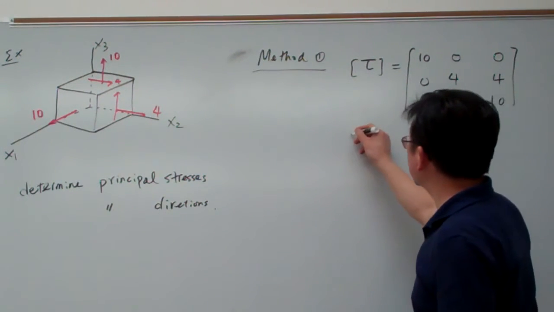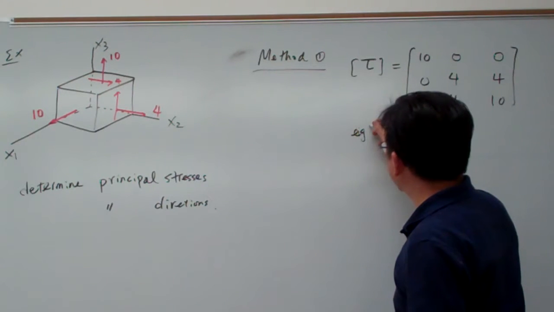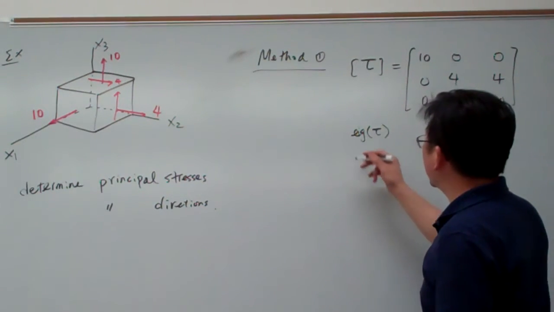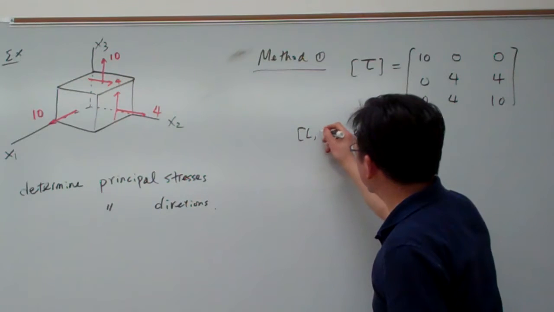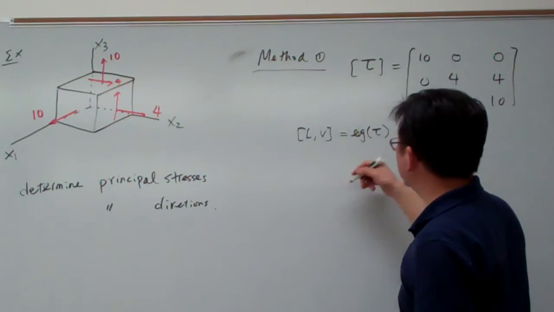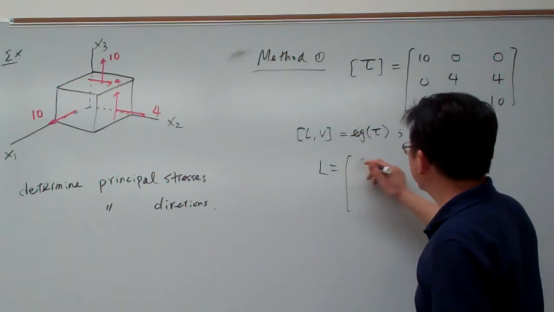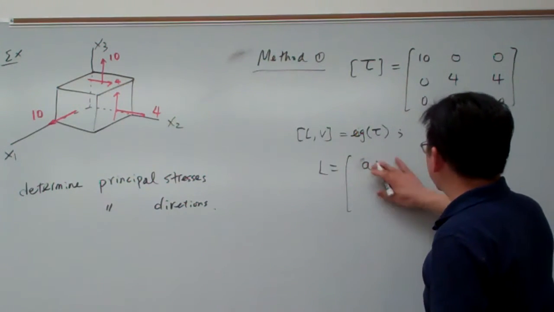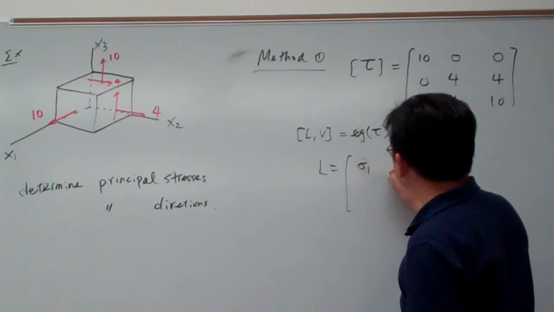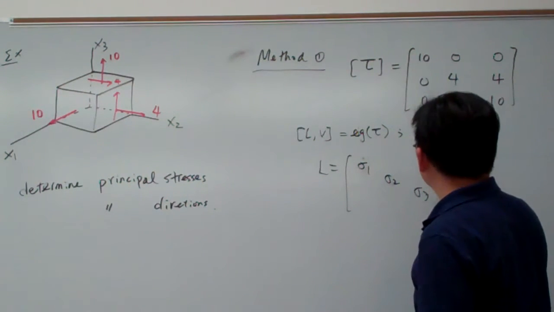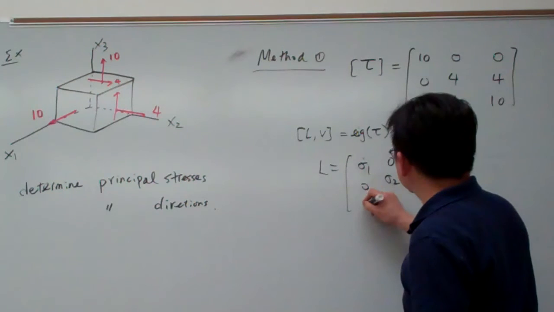So here you simply use MATLAB, eig, and tau, and this will give, for example, LV. Then once you hit return, L will be given as 3 values, sigma 1, sigma 2, sigma 3, with zeros elsewhere.